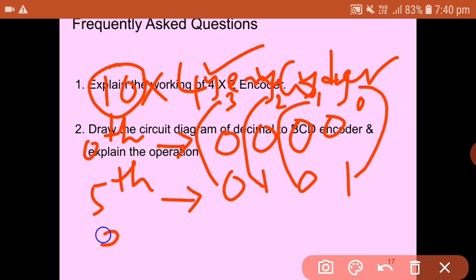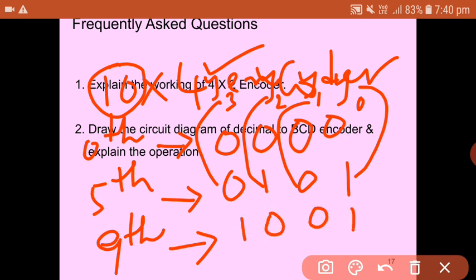For example, if the ninth push button is pressed, then the corresponding output will be 1 0 0 1. That means it is converting the given decimal number into its equivalent BCD, or simply binary.